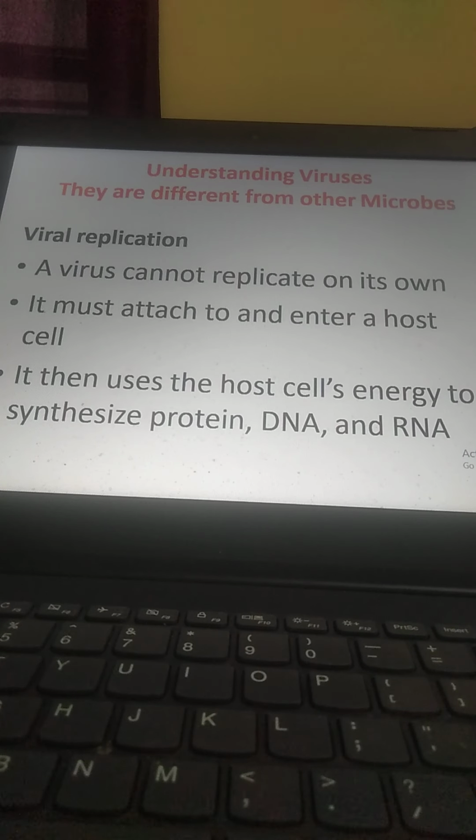It must attach to and enter a host. Host is very important. It then uses the host cell's energy to synthesize protein, DNA, and RNA. So once it is inside, only then can it synthesize protein, DNA, and RNA.